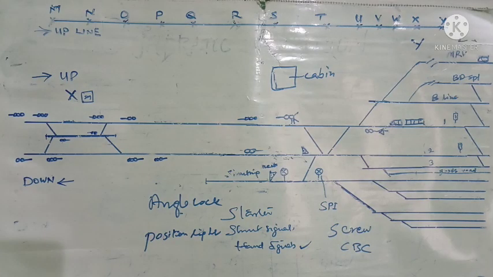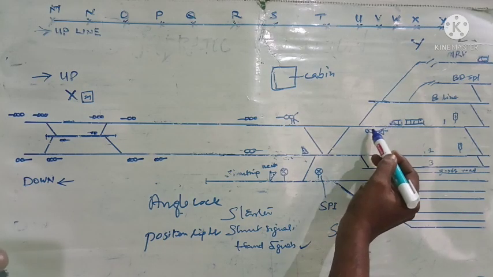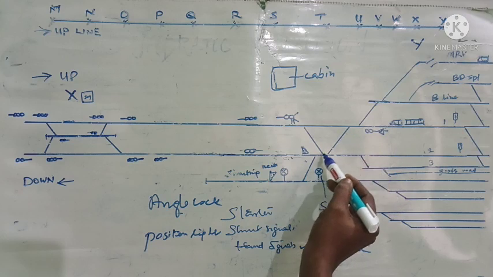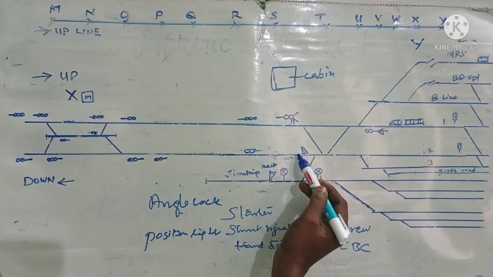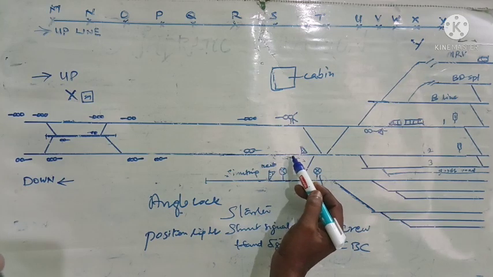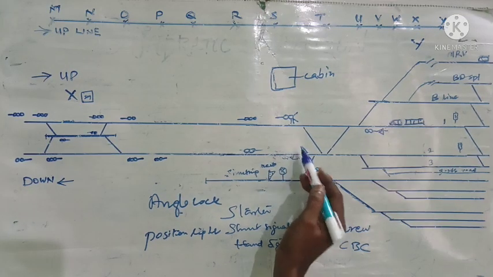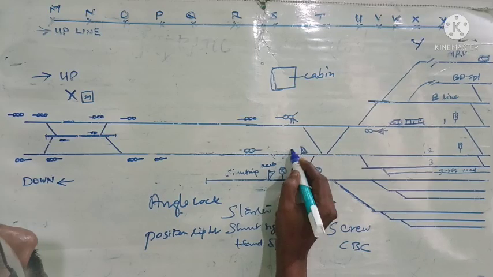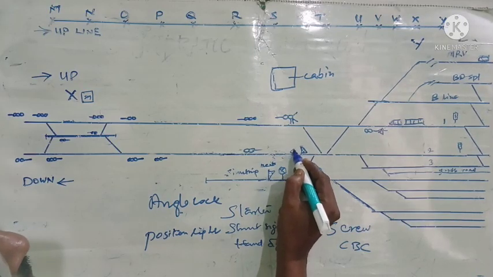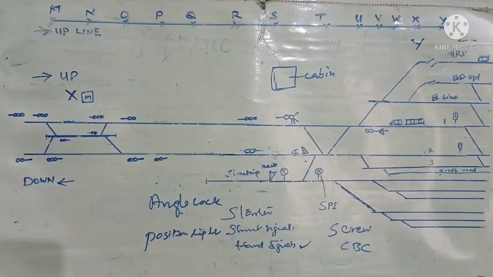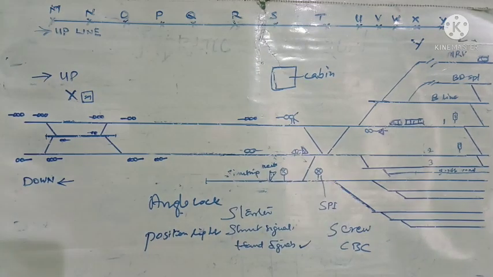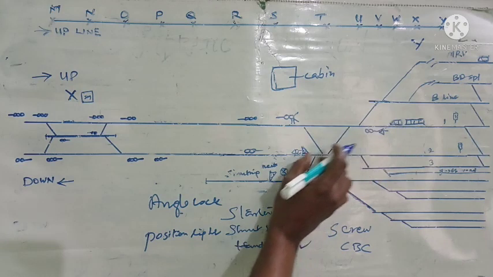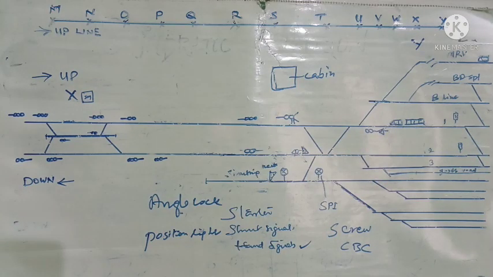Just imagine another situation. The train has passed this shunt signal and it has also passed this other shunt signal here, but not completely. Suppose it is stopped somewhere here without fully passing the shunt signal.